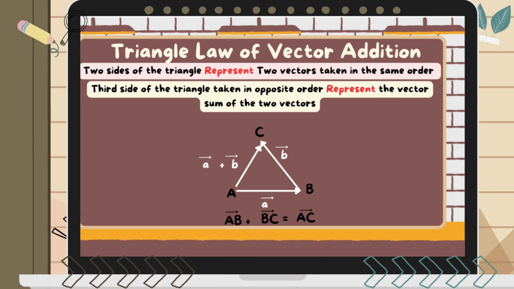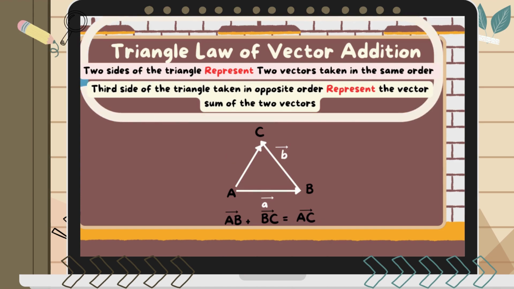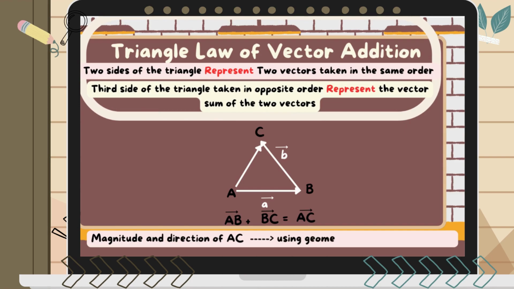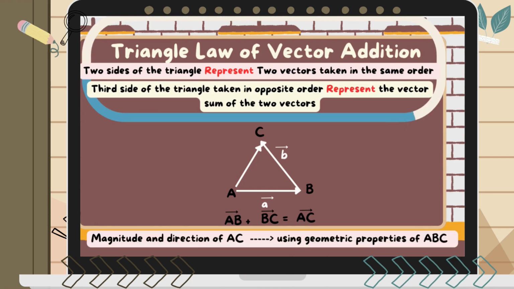So in this way, by applying the triangle law of vector addition, we can find the vector sum of two vectors. Here we can find the magnitude and the direction of the vector AC by using geometric properties of the triangle ABC. But it's a little difficult. Hence, we will see another easier method for this in our upcoming videos.